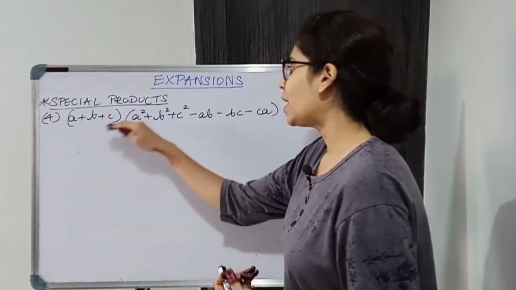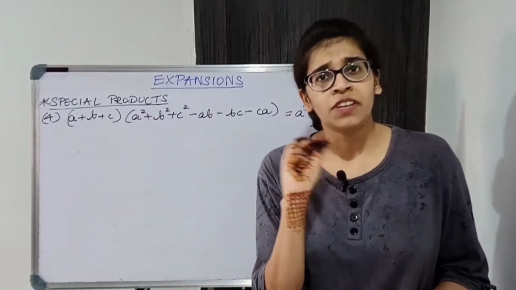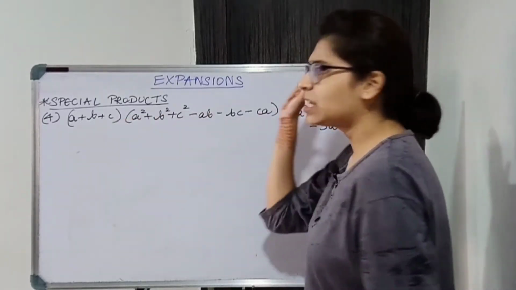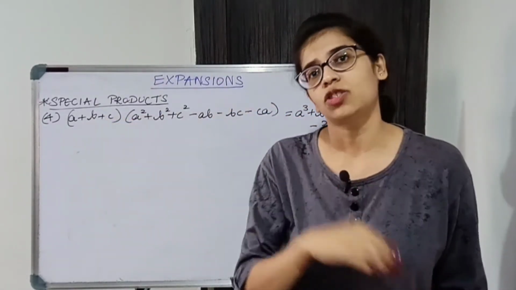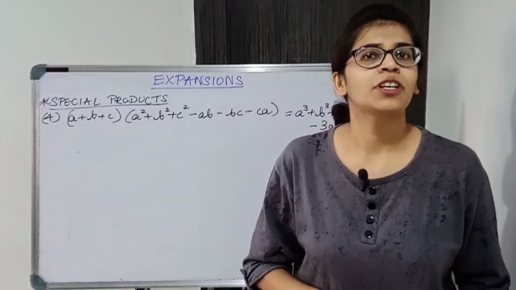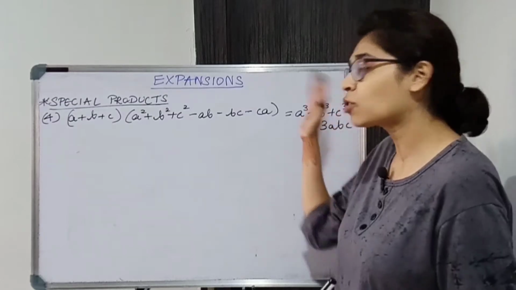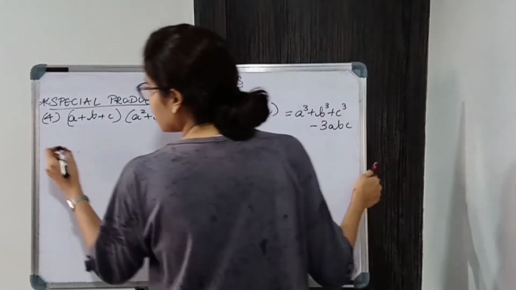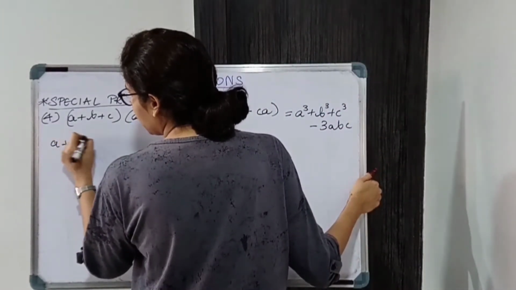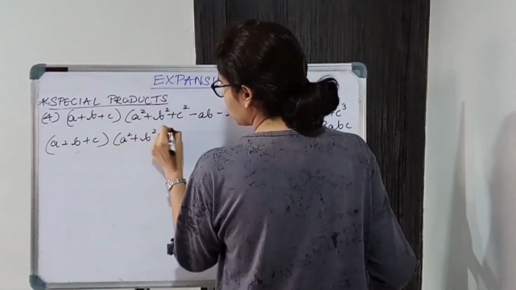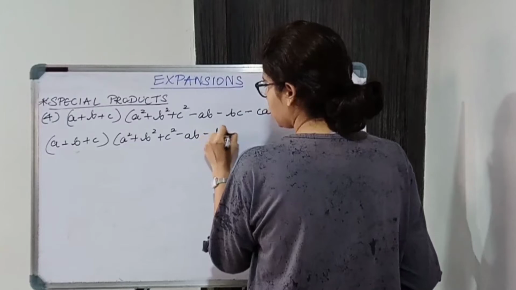Alright, now obtaining RHS from LHS is very easy, students. So from LHS we can easily get RHS. From RHS getting LHS is a bit tricky. So first we'll solve LHS and then arrive at RHS, and then we'll solve RHS. So in LHS we have (a plus b plus c) into (a square plus b square plus c square minus ab minus bc minus ca).